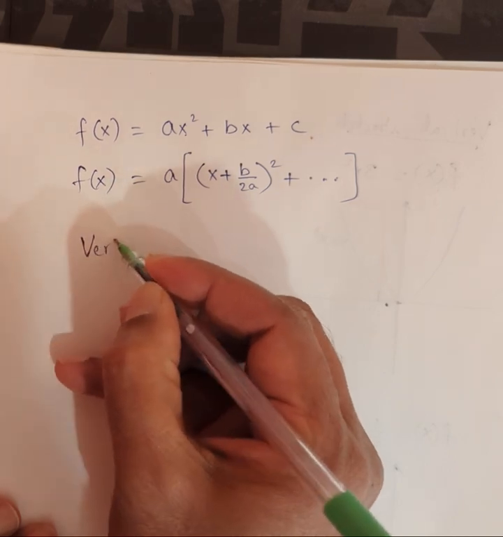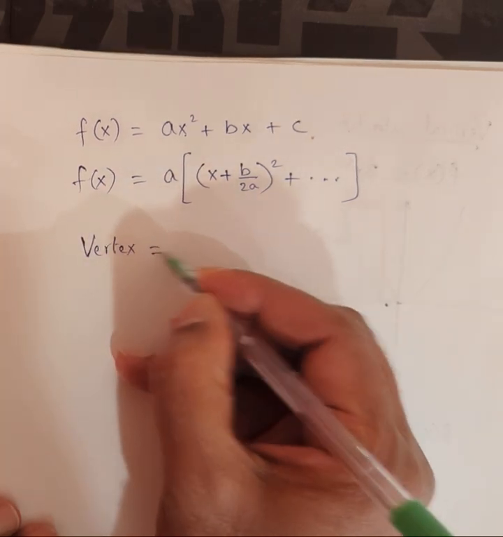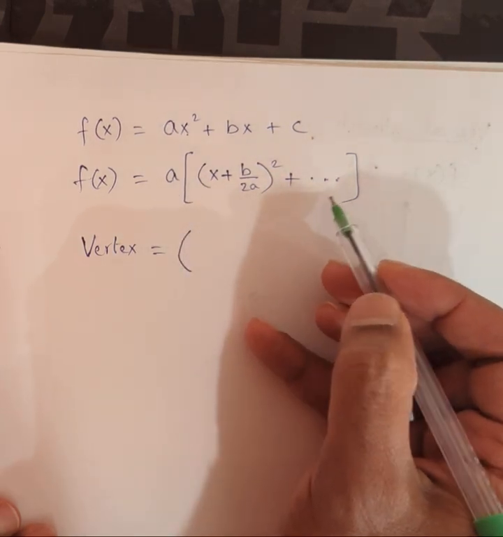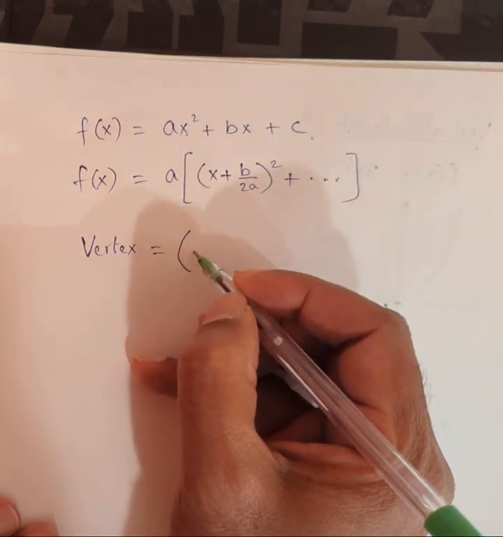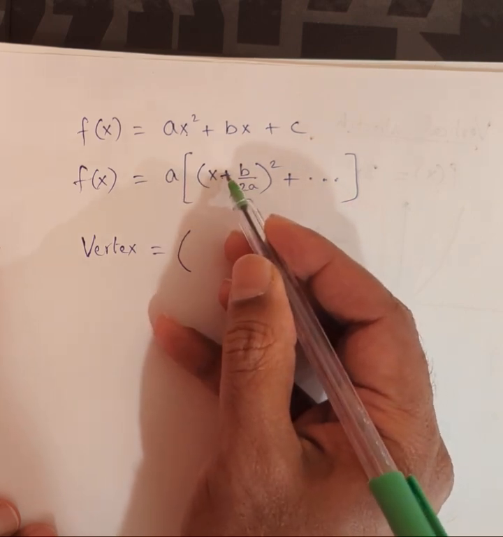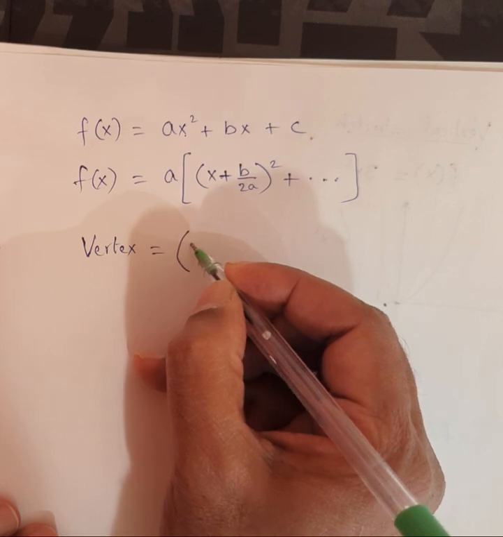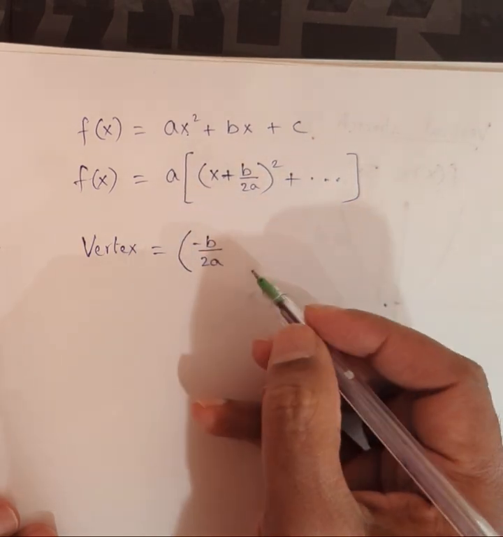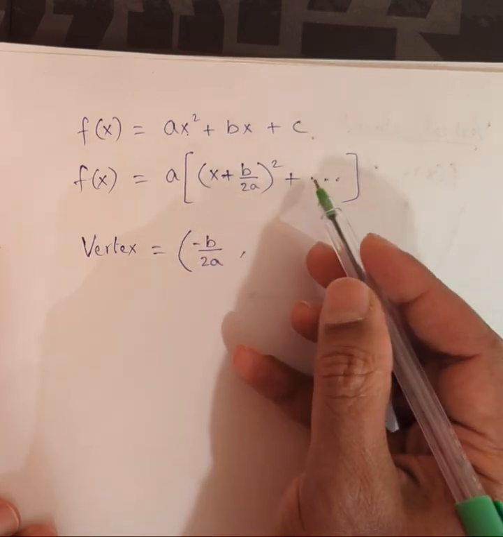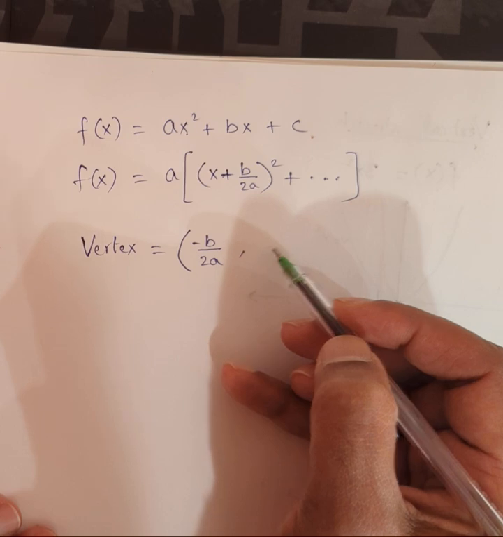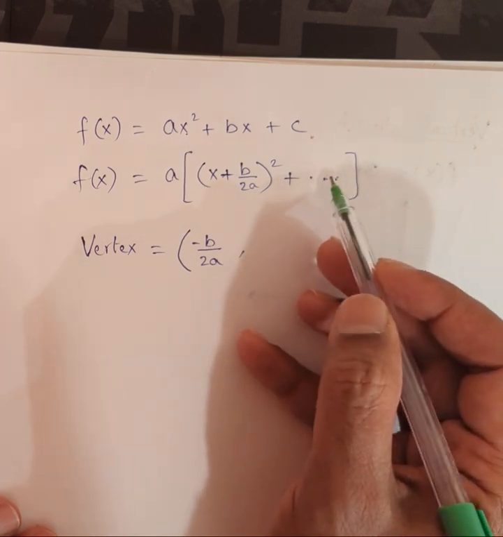And what does the vertex form look like? Well, I only got the x coordinate because I did not simplify the constant part. And it has a plus here, which means it would be negative b over 2a. Now, I don't have to memorize what that constant would be.